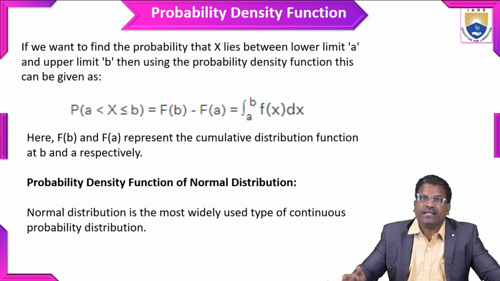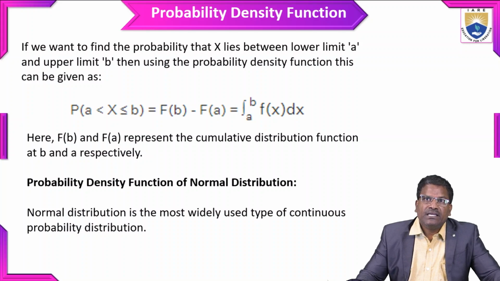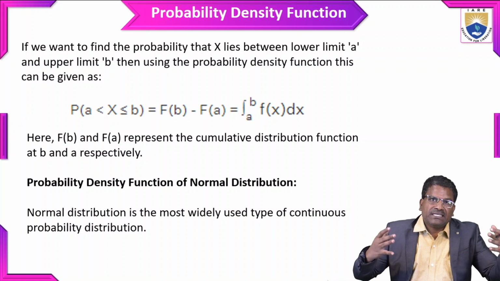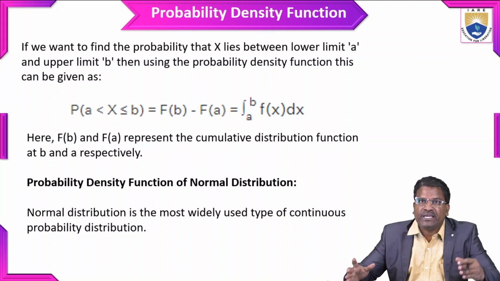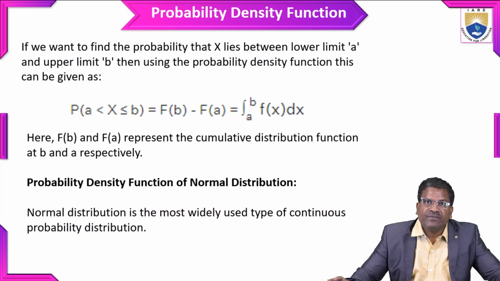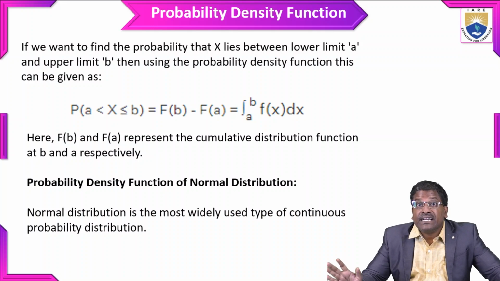So if we want to find the probability that x lies between lower limit a and upper limit b, then using the probability density function, this can be given as P of a less than x less than or equal to b. Here we are taking the probability between a and b, and strictly it doesn't take a, but it can go up to b and it can take b.